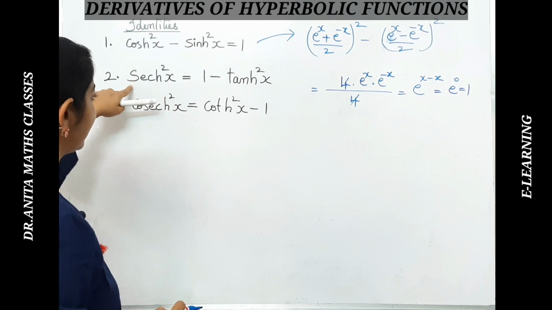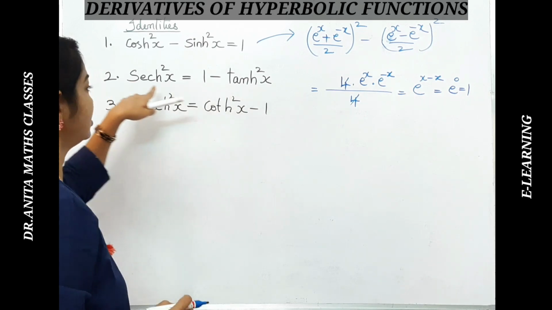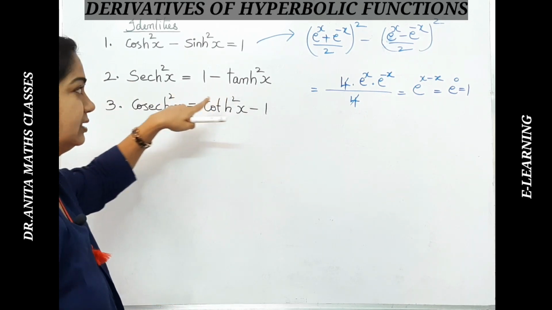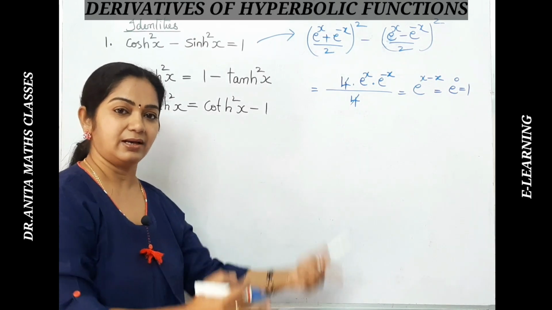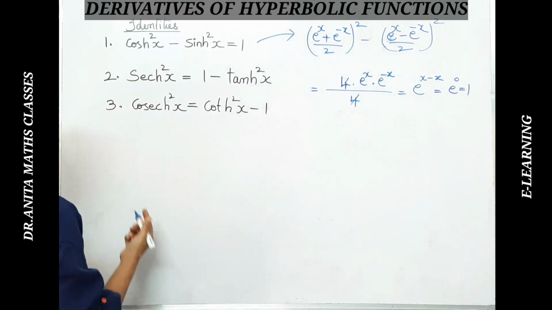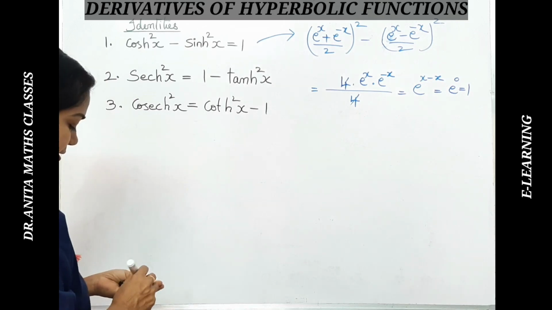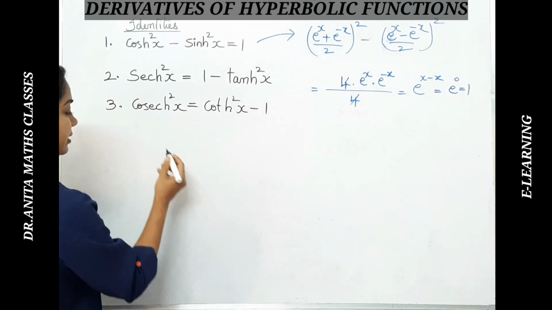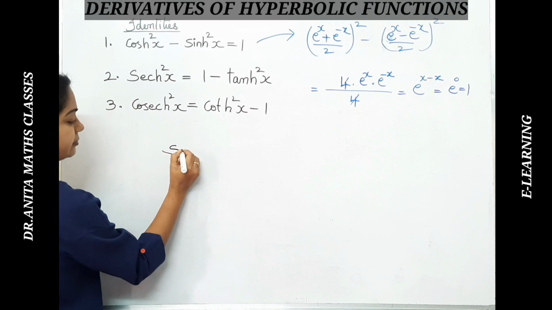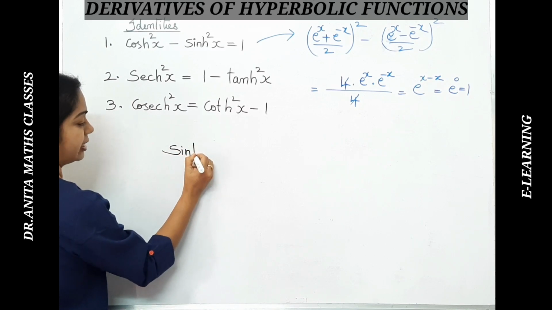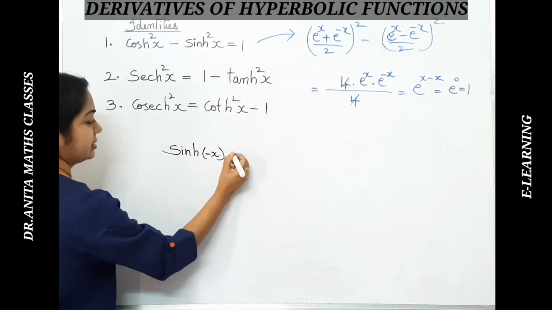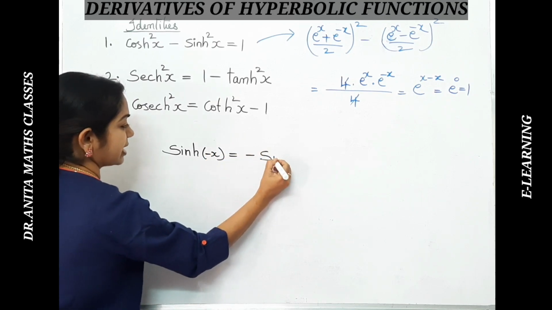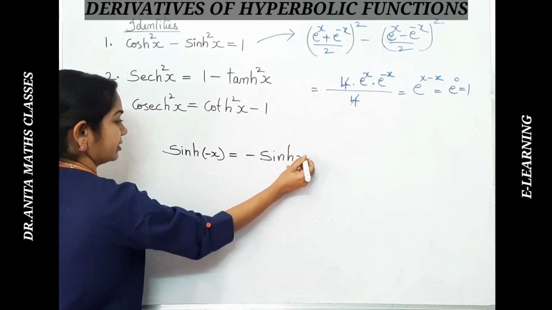In a similar fashion, we can substitute these values and get the other identities. So all these three identities we will be making use of in our problems. Now moving on to the next one. Here we do have some functions. Sinh of minus x is equal to minus sinh of x.